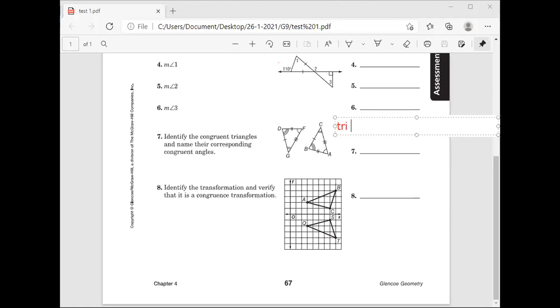Triangle DGF. Then, which angle corresponds to D? B. And which angle corresponds to G? C. And which angle corresponds to F? A. Okay, thank you so much.